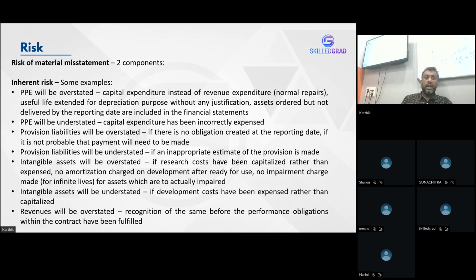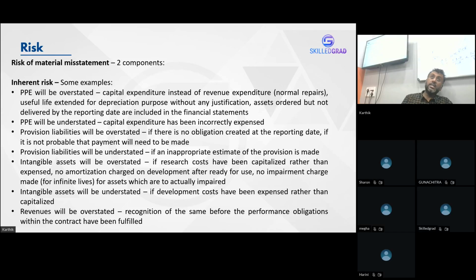But I know certain assets have a finite life, but I think it has infinite, and I don't charge for amortization. If it is infinite, what do I end up doing? Impairment. Very good. I have to test them for impairment annually. Test for impairment annually. Indicators. Yes, exactly. Okay. Very good.